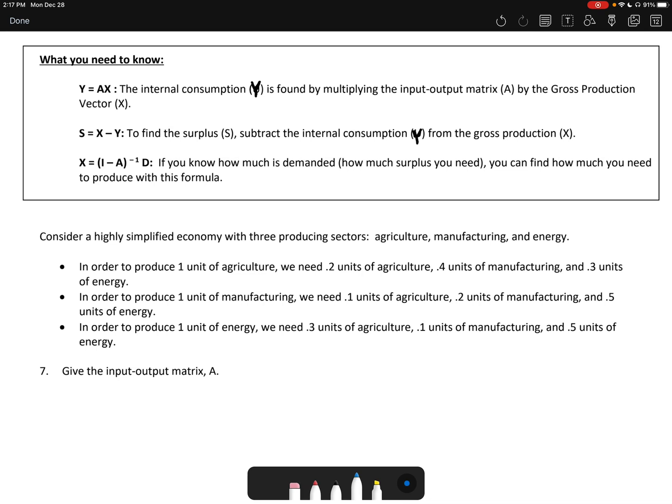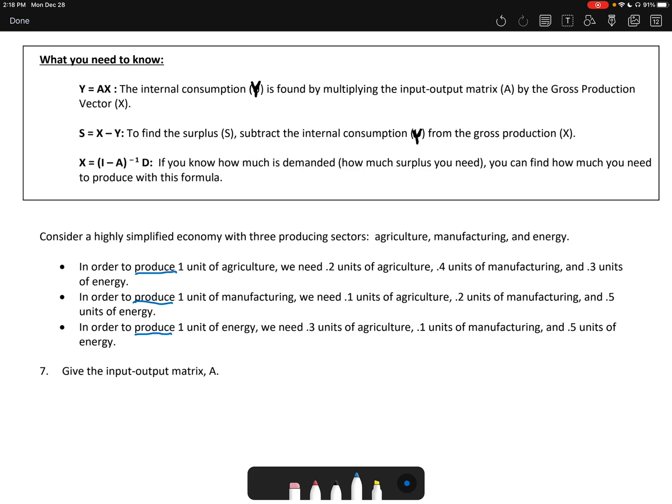This time we're considering a highly simplified economy with three producing sectors: agriculture, manufacturing, and energy. And we're given all of the information about how much we need to produce. So we're making first agriculture, then manufacturing, then energy.